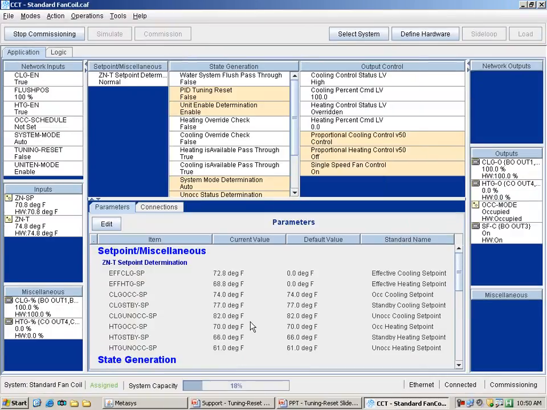I'm now in CCT in commissioning mode for the standard fan coil application, and we can see that the proportional cooling is in control mode and proportional heating is in the off mode. So let's look at the logic for proportional cooling.